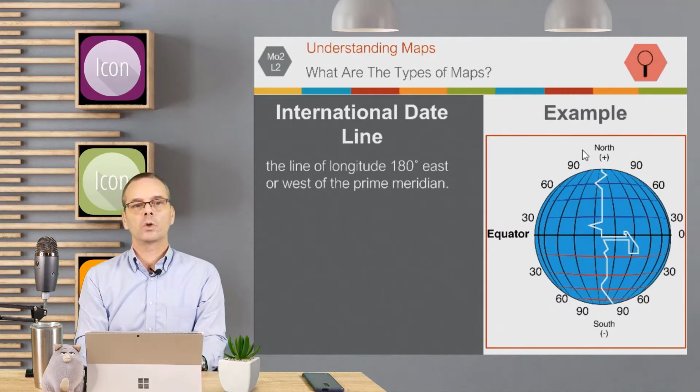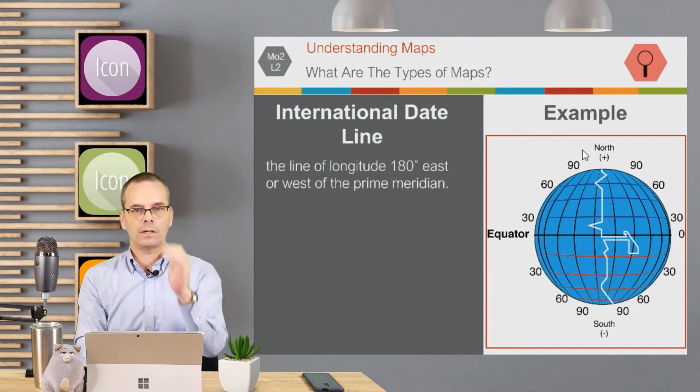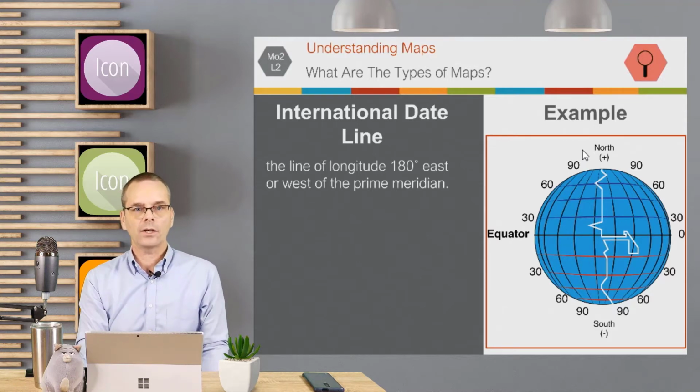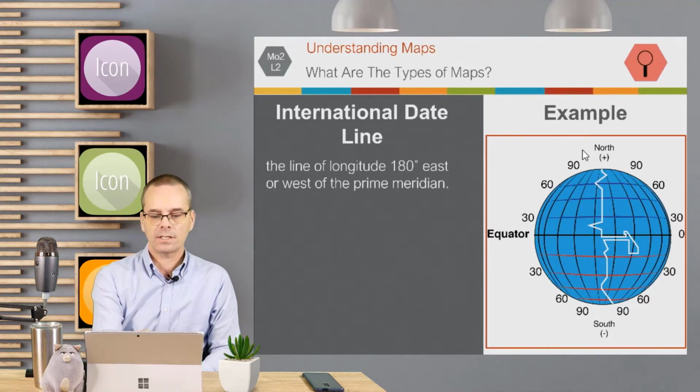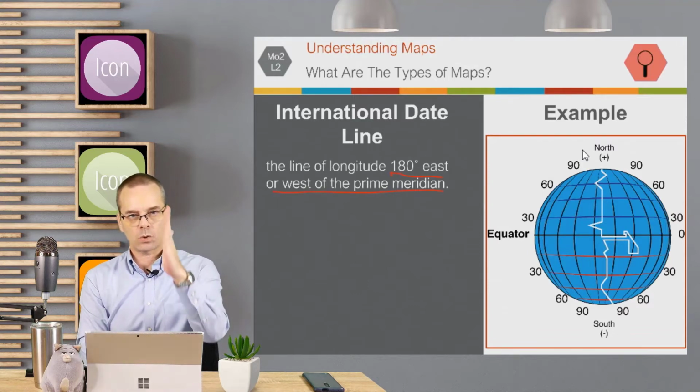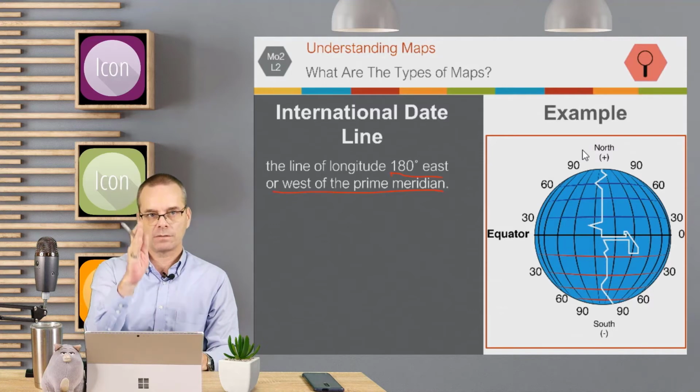You also have what's called the international date line. Now that is a line of longitude 180 degrees east or west of the prime meridian. It basically goes right down the Pacific Ocean.